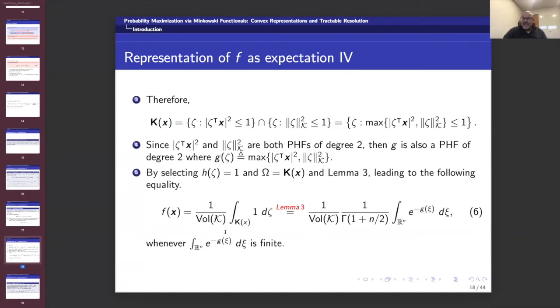So what you have on the left follows directly from the definition of the probability, and what you have on the right follows from the result by l.s.c. And it follows because K of X is defined using these positively homogeneous functions, and it's essentially the integral of e raised to minus g of psi d psi. And that's the crucial result.